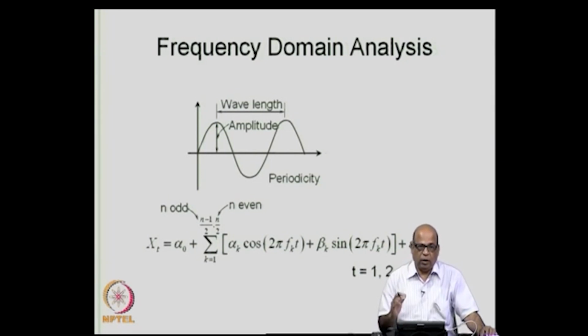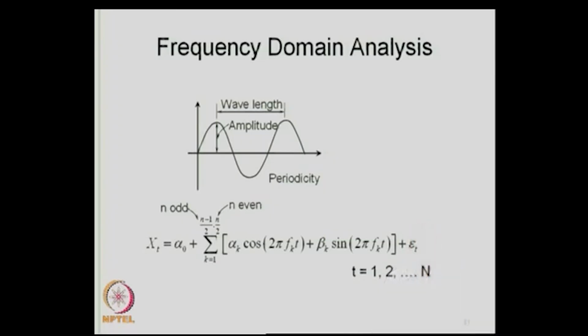So, essentially the idea is how much of the variance in the data can be explained by different bands of frequencies. This is the basic principle of the frequency analysis. We will deal with it in detail in the next lecture.